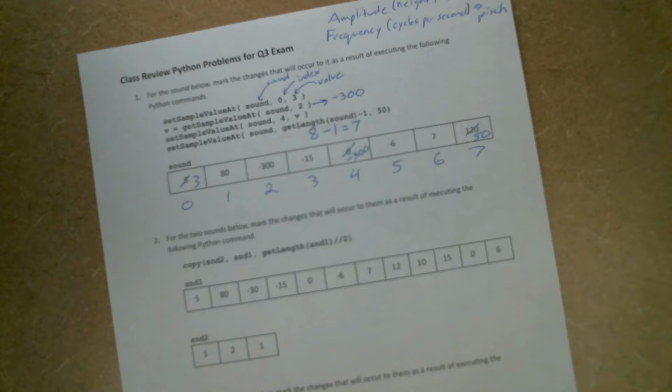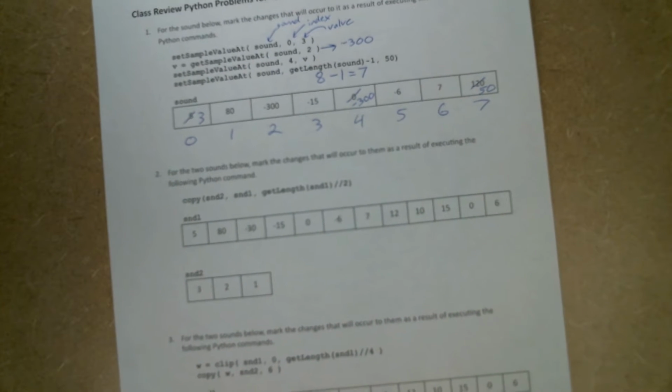All right, for the two sounds below, mark the changes that will occur to each of them as a result of executing the following Python command. So do you know how the copy command works? Do you know what each of these parameters are and how they relate to each other? The first part of the copy is our source.